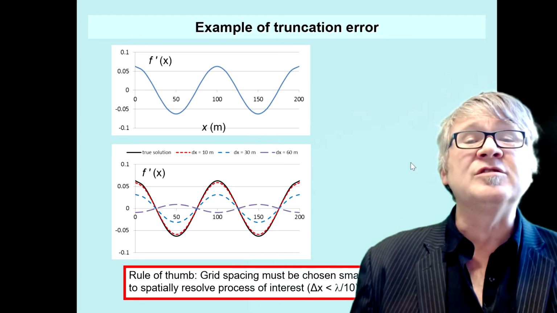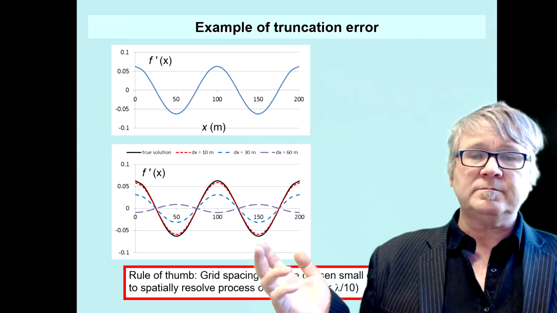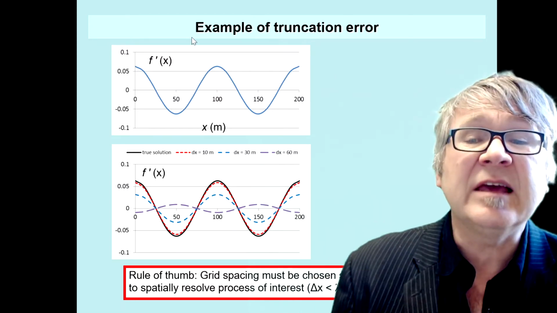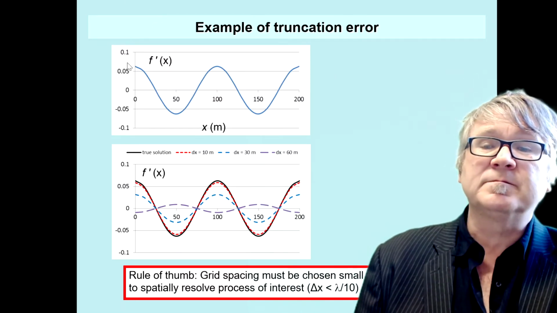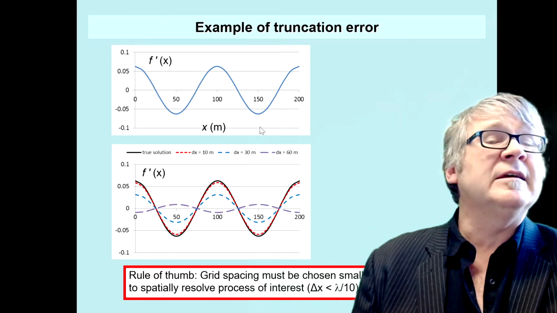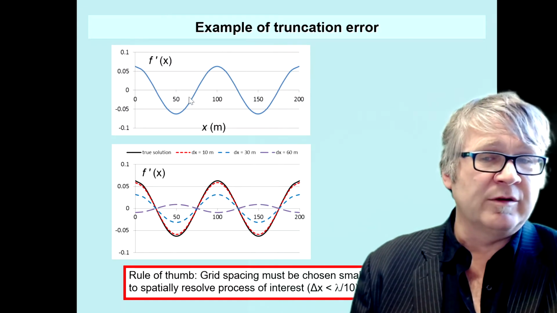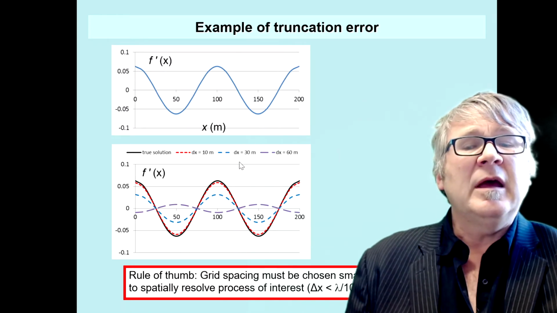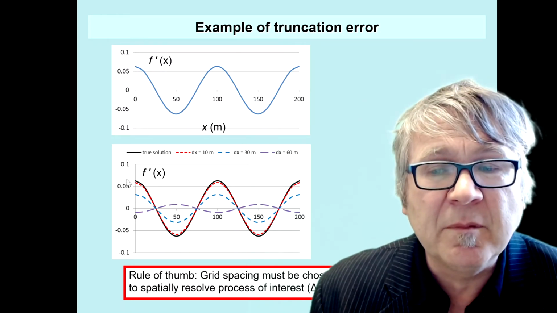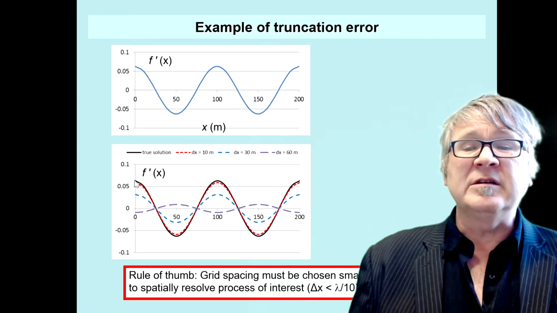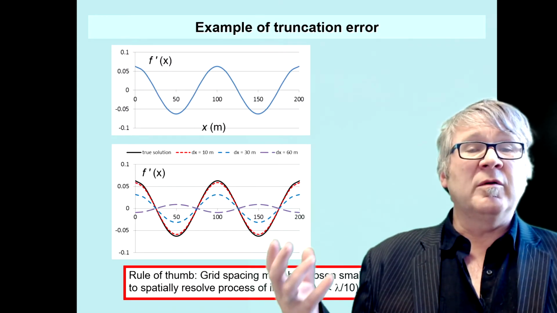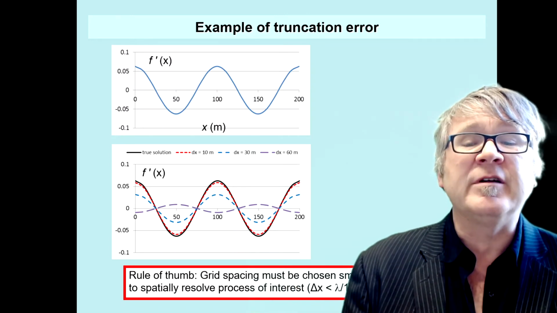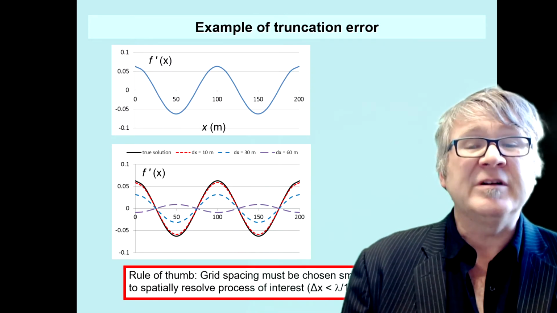And here it shows you the error. This is the analytical solution at the top, the slope of your function, the gradient, the first derivative. And the bottom graph shows you the solution using finite differences for 3 different grid spacings.